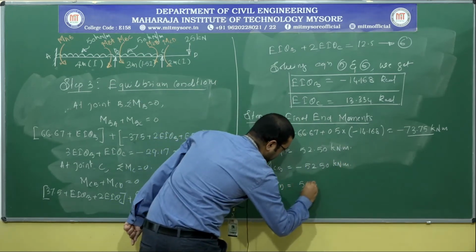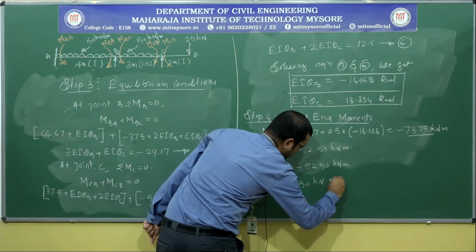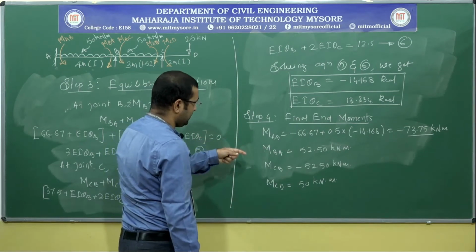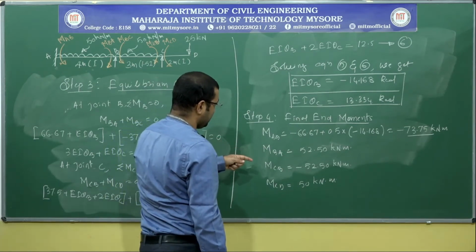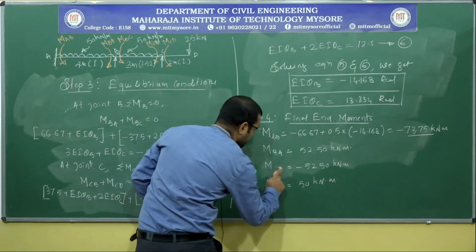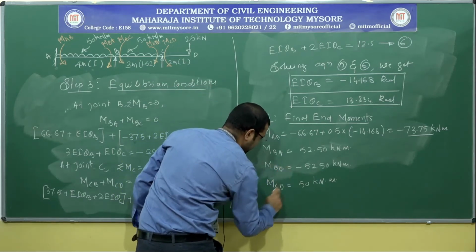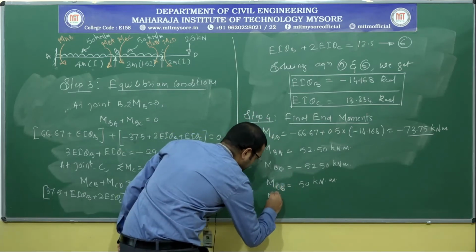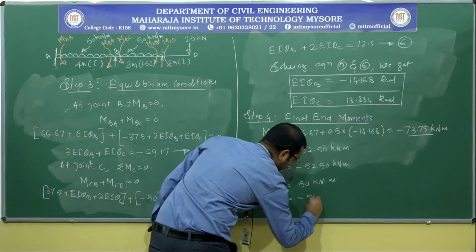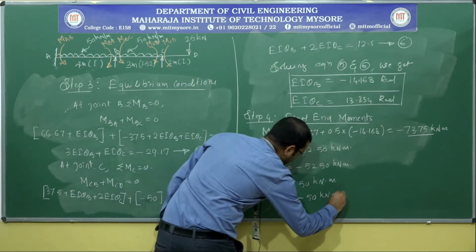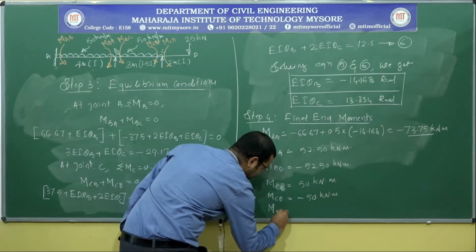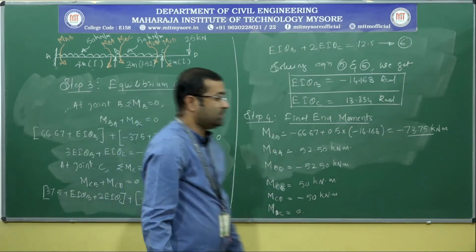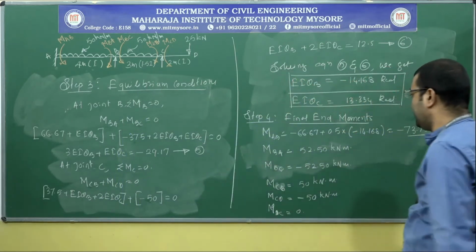MCB is 50 kilonewton meter. MCD is minus 50 kilonewton meter, and MDC, because of the free end, is 0. So these are the final end moments.